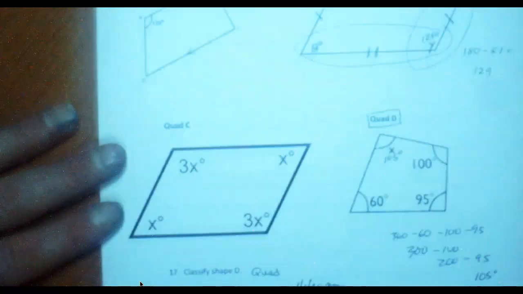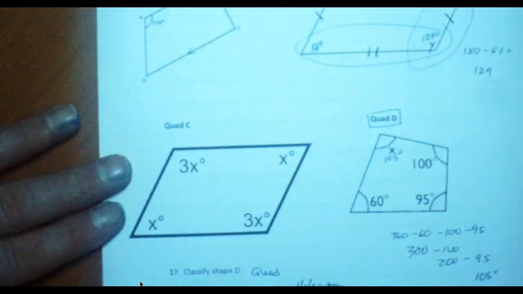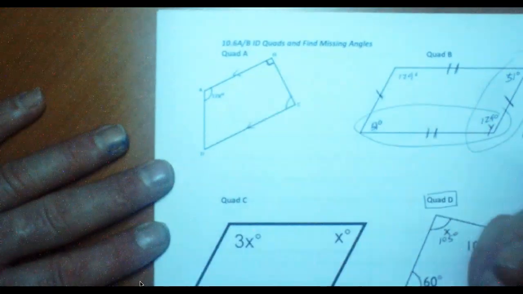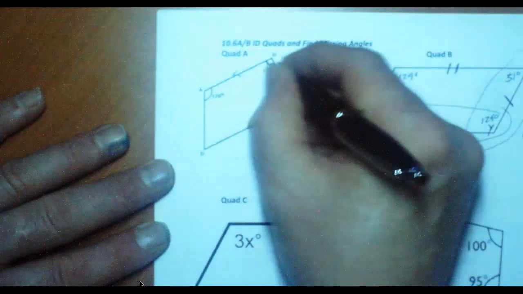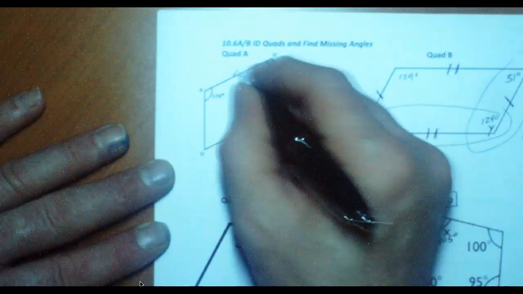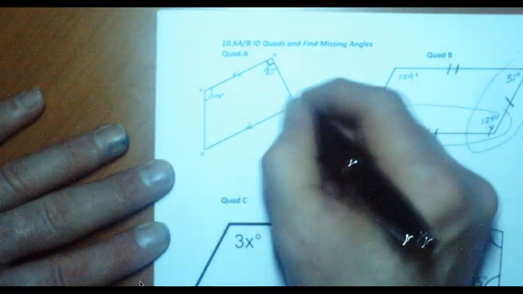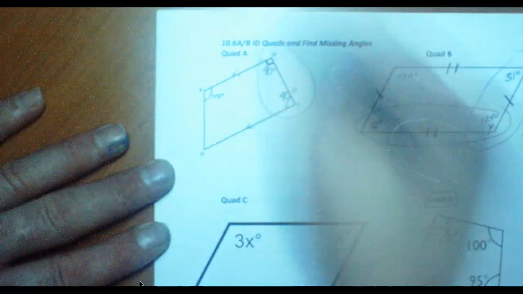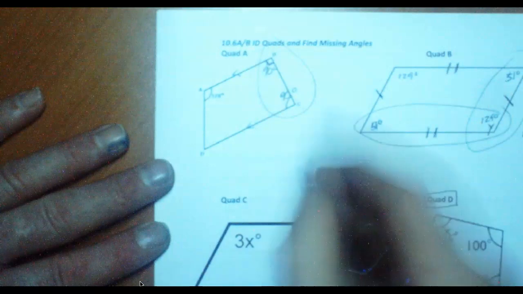Okay, what is the measure of angles D and C in quad A? All right, we've got to do D and C. Well, if this is a 90-degree angle here, these two lines are parallel, this line and this line. That means this also has to be a 90-degree angle, because remember, these two together will be 180. And you just think about it.